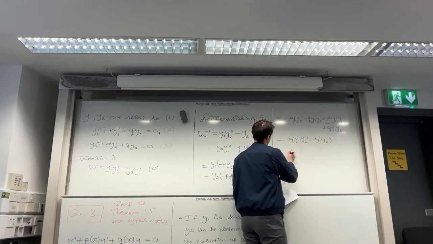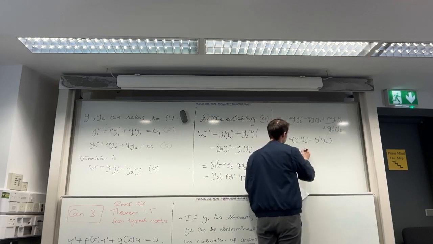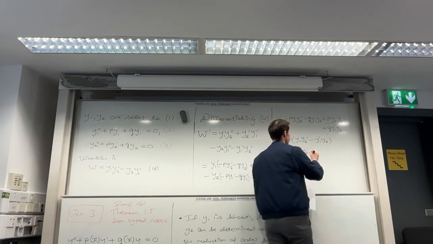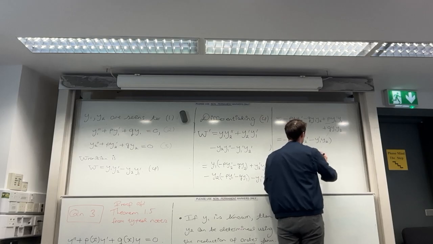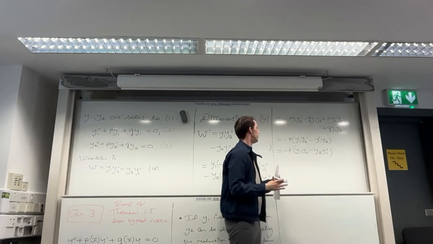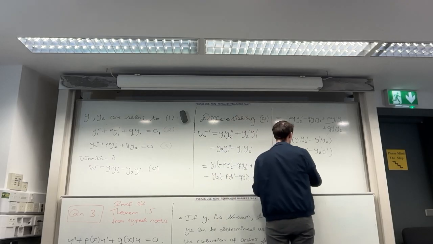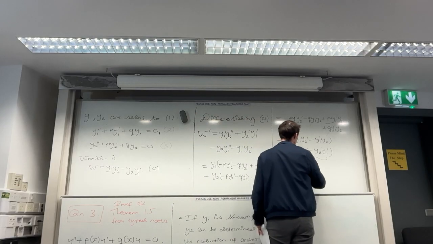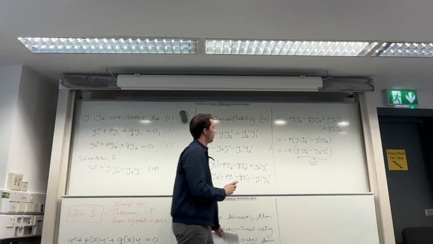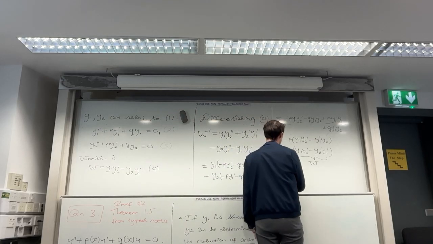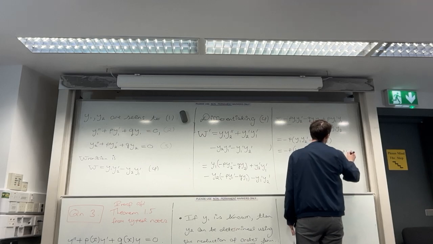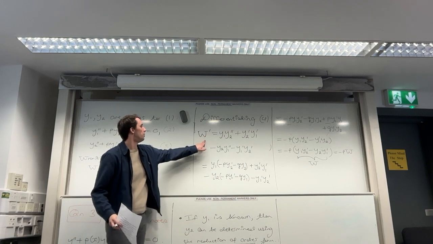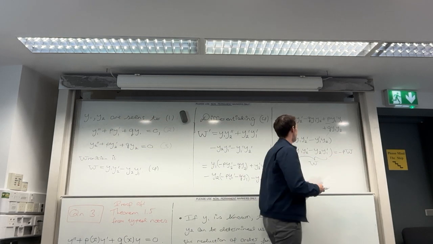Well, of course, this is the same thing as saying, we can leave the first term alone, y1 y2 prime. We can flip the order on the second term, you'll see why I did that in a second, and write it as y2 y1 prime. Well, this bracketed term here is simply the Wronskian of y1 and y2, W. So this expression here is simply minus p W. So we've shown here that W prime is equal to minus p W.